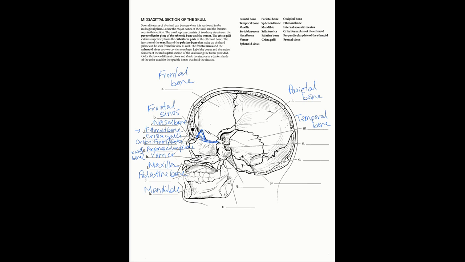And then N, we have this fancy little structure that is within the sphenoid called the sella turcica. The sella turcica is going to be the house for the pituitary gland. It's a depression that the pituitary gland rests inside of.